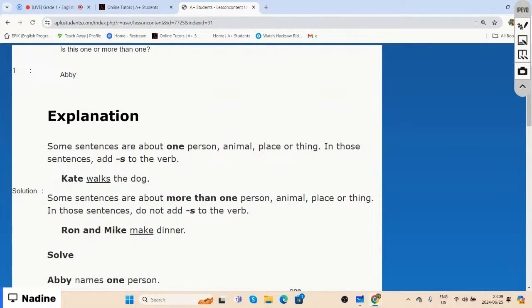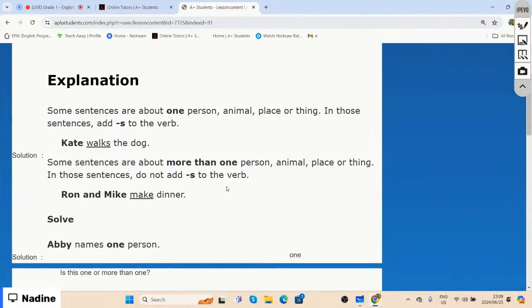Some of the sentences are about one person, one animal, one place, or one thing. And within those sentences, we need to add an s to our verb.